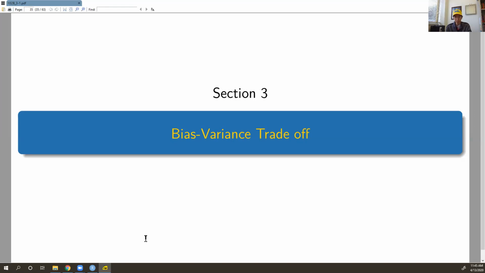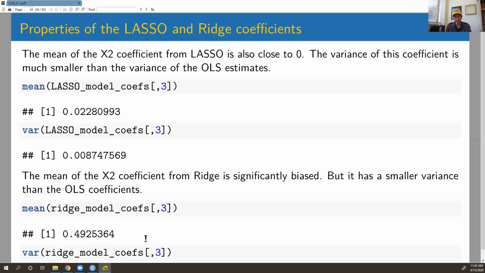LASSO and ridge reduce the variance, which is a desirable trait, so that you can have more confidence in your coefficient estimates. Given any one sample, you'll have more confidence in your current coefficient estimates.